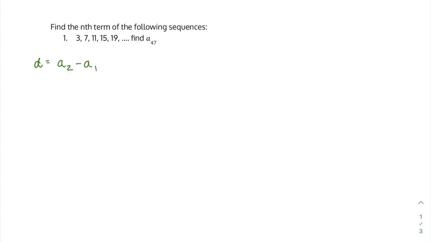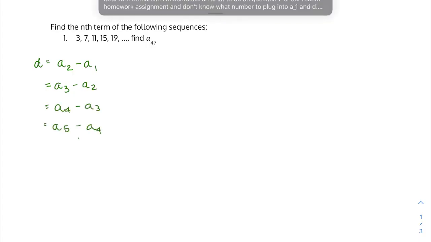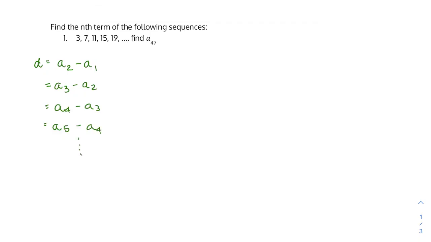For it to be arithmetic, that has to be equal to A3 minus A2 and A4 minus A3 and A5 minus A4 and so on and so forth. For it to be an arithmetic sequence, all of these common differences have to be equal.